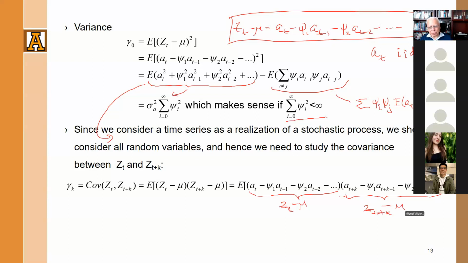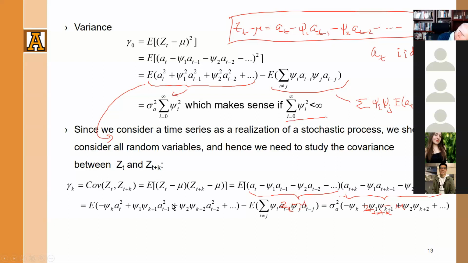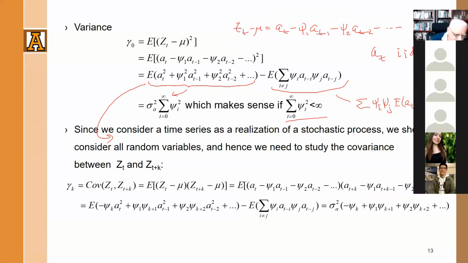Okay. I'm just computing the product, but expressing it in terms of its linear combination of these random variables, of white noise. Then, to compute this expected value, I take first all the products of the places where the subindex is the same, okay?